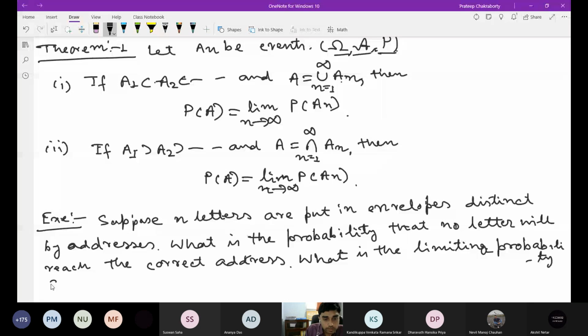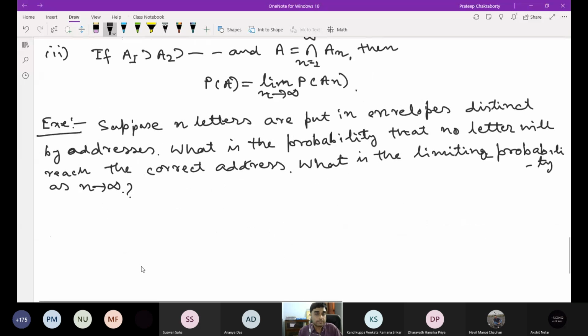Think about this problem and tell me what would be the result or how we can approach this. Yes, tell me how we can approach. Sir, n minus 1 by n. N minus 1 by n only?